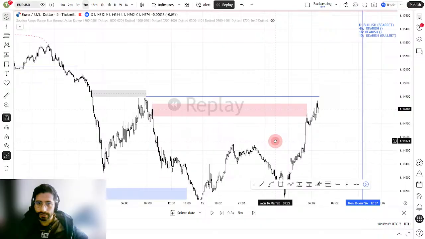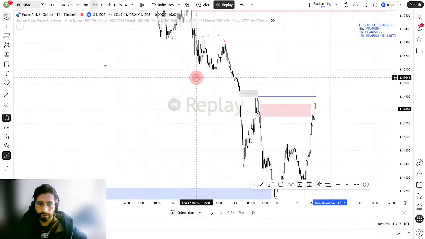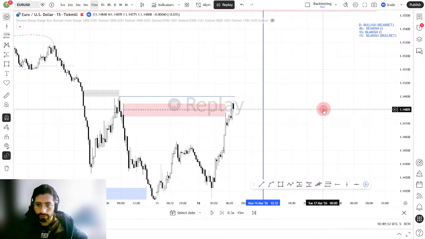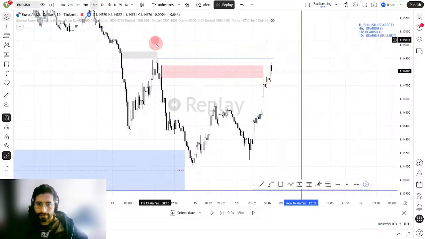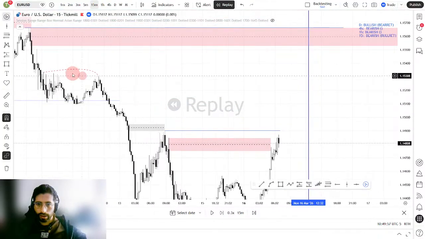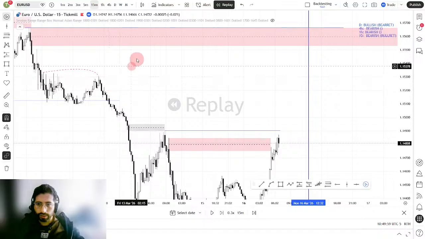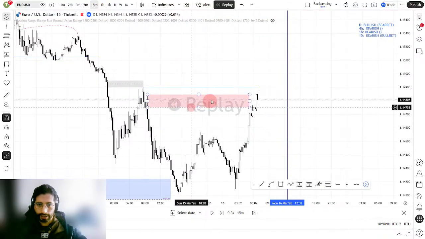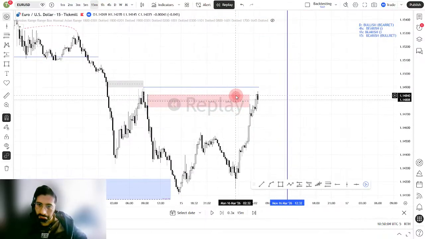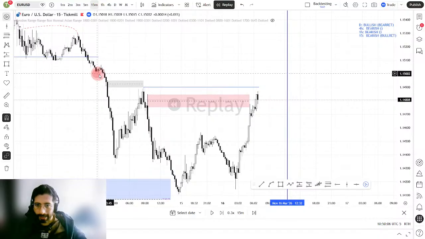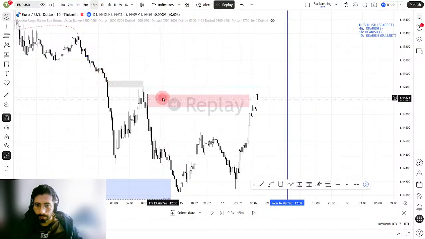We have this. This is the scenario we have in 50 minutes. So I would expect the price to get to this liquidity or even here, right? And at this point, likely the price will come here.